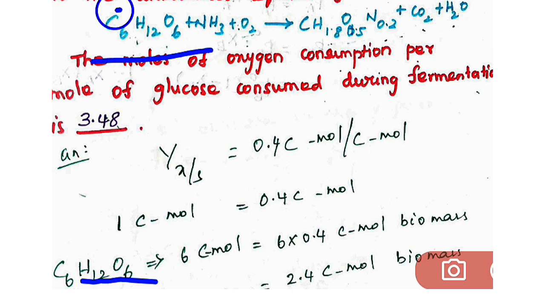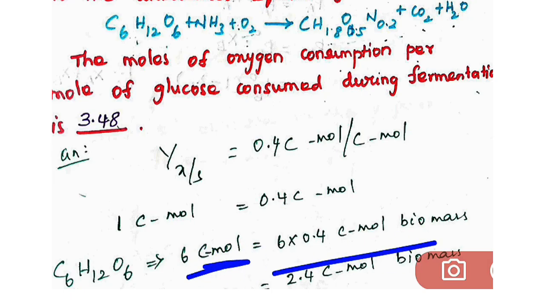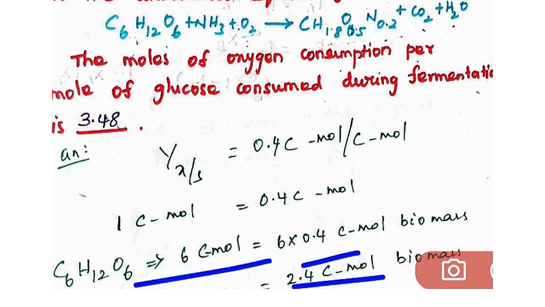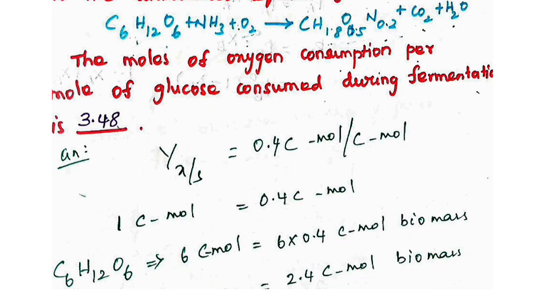It contains 6 carbons. So 1 C mole gives 0.4 C mole, glucose contains 6 carbon, so 6 C mole gives 6 into 0.4, 2.4 C mole biomass. So here, 1 mole of glucose gives 2.4 mole of biomass.